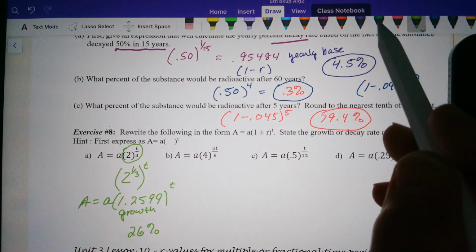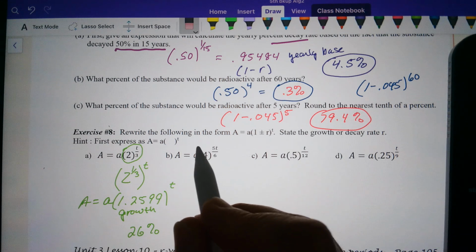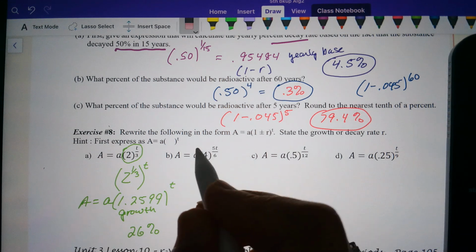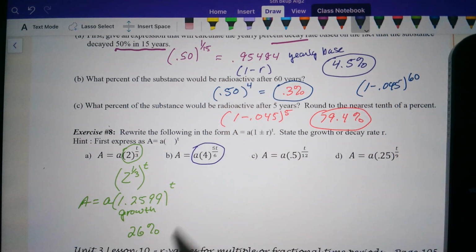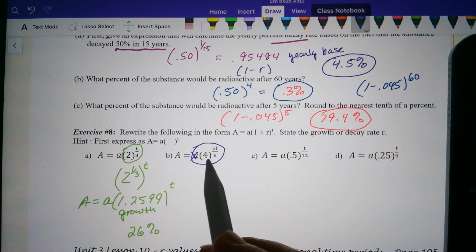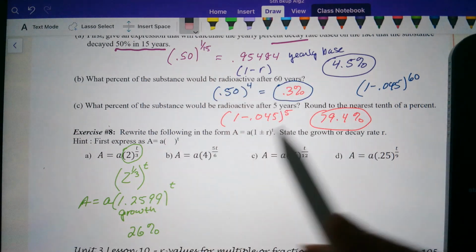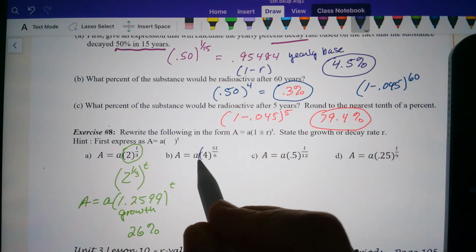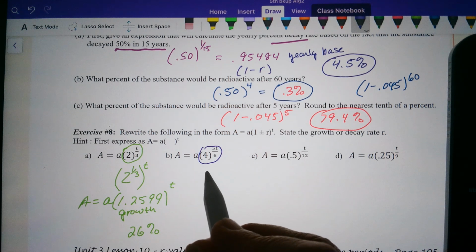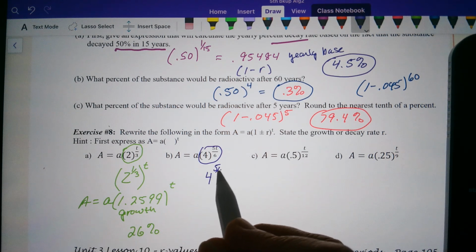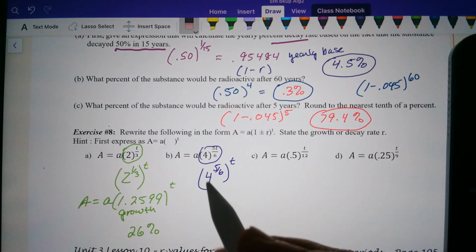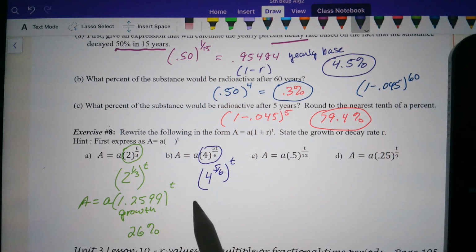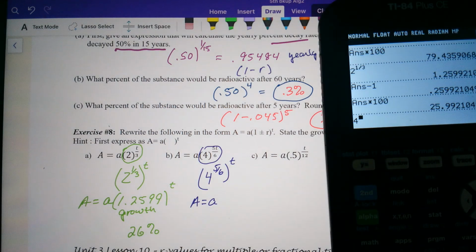Next, this is all practice with rewriting our base and exponent. I wanted just my base and exponent. So this would be 4 to the 5/6 raised to the t. Four to the 5/6 in the calculator.